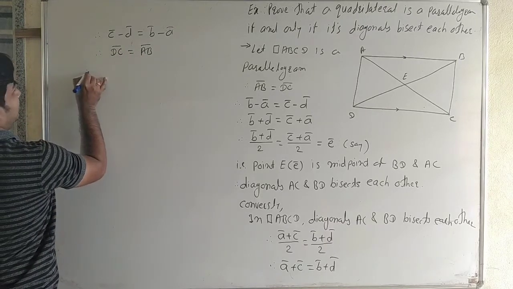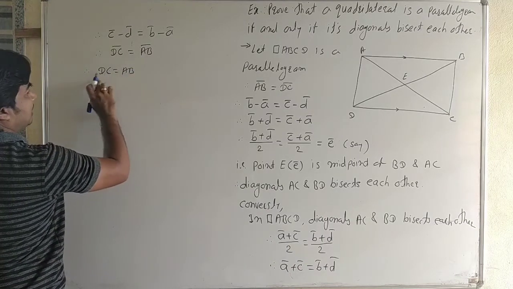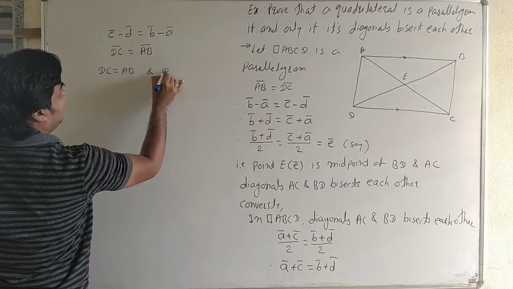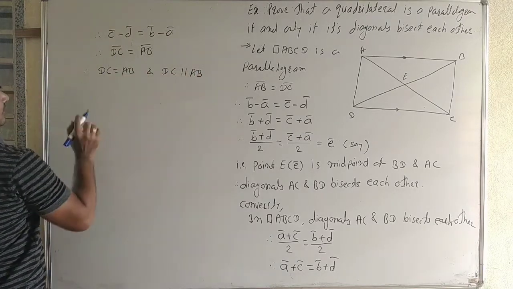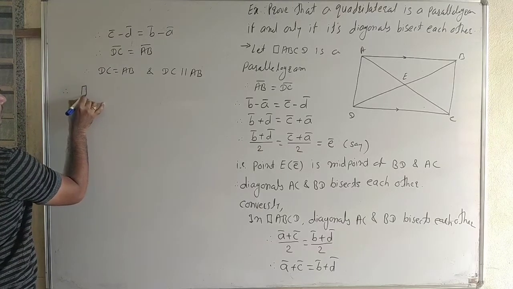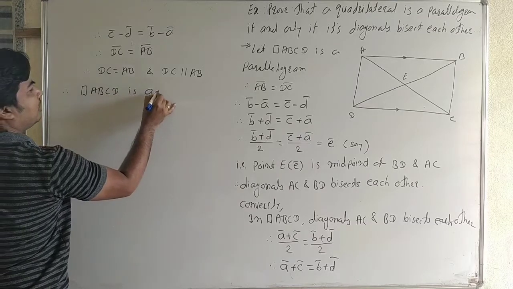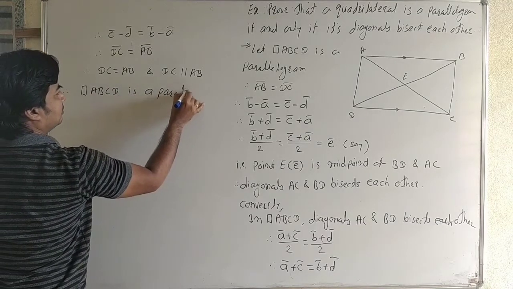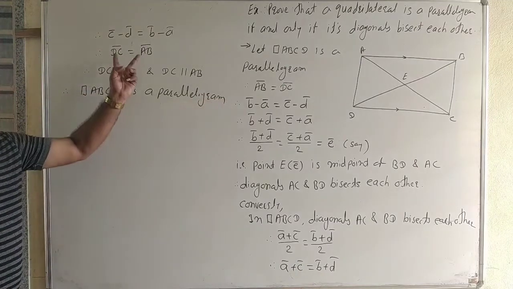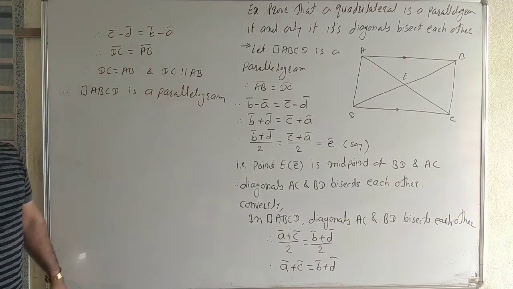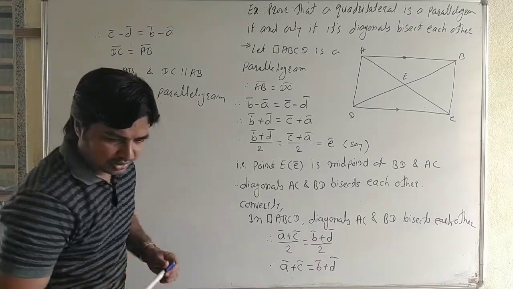So DC is equal to AB and DC is parallel to AB, and therefore quadrilateral ABCD is a parallelogram. Opposite sides are equal and parallel in a quadrilateral, therefore it is a parallelogram. Okay, now we see the next.